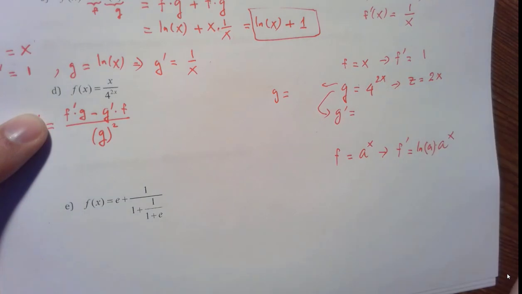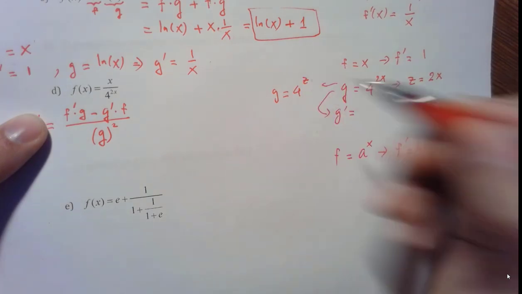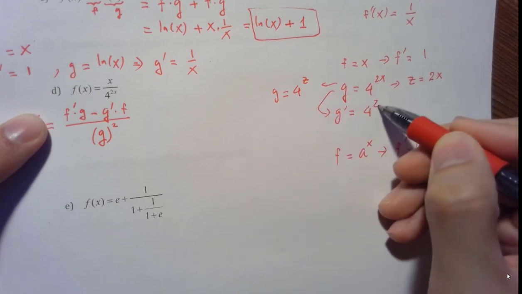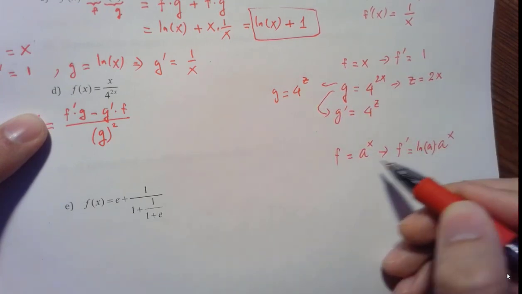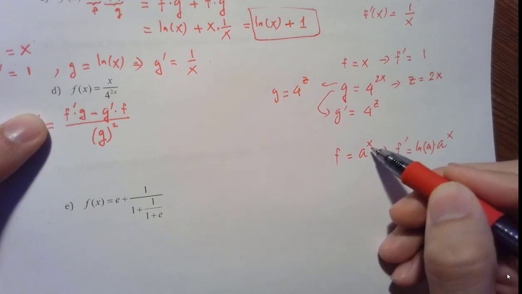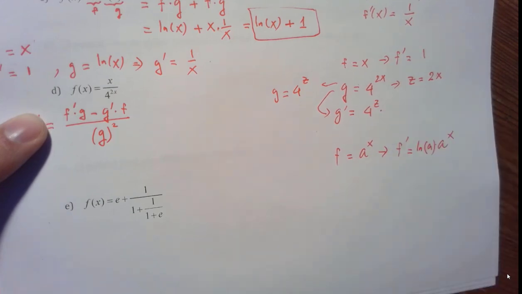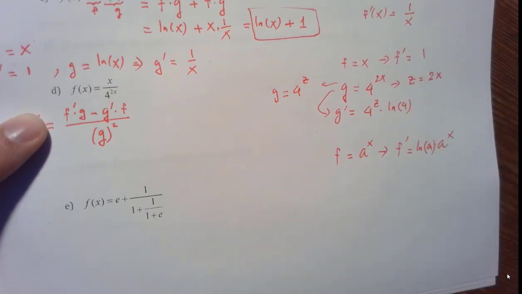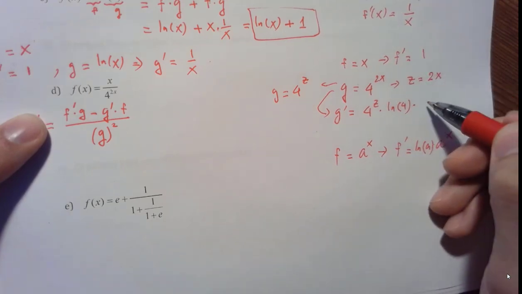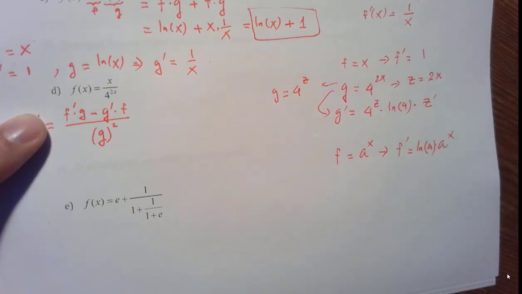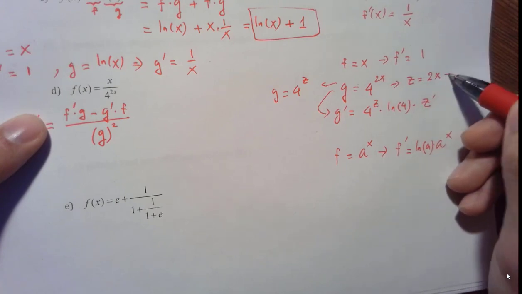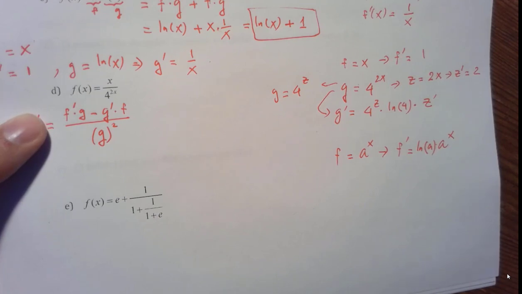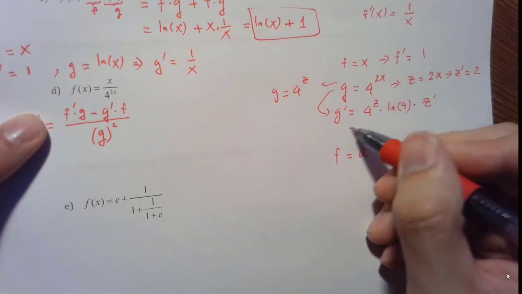So g prime from here is also 4 to the z according to this formula, because we have a variable only on the top, and we multiply by the ln of the base, which is ln of 4. Because we let z be 2x, we need to multiply by z prime at the end. And z equals 2x, so when we take z prime, that becomes 2. That's easy, a constant 2.